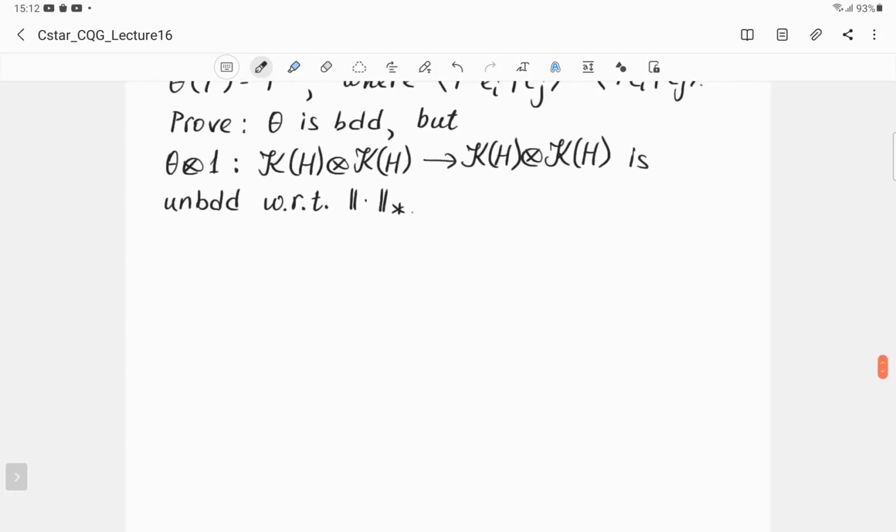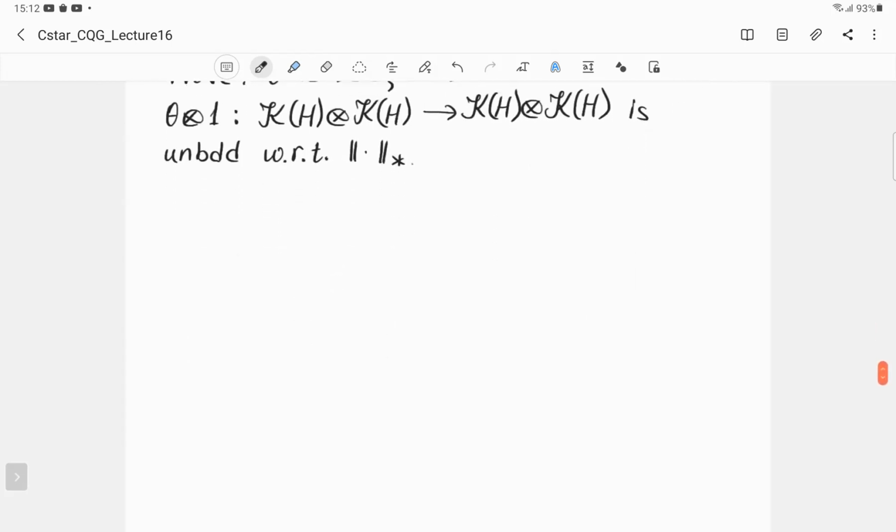Okay, so now we are ready to discuss the Haar state on compact quantum groups. Well, to begin with, let's start with the classical situation.